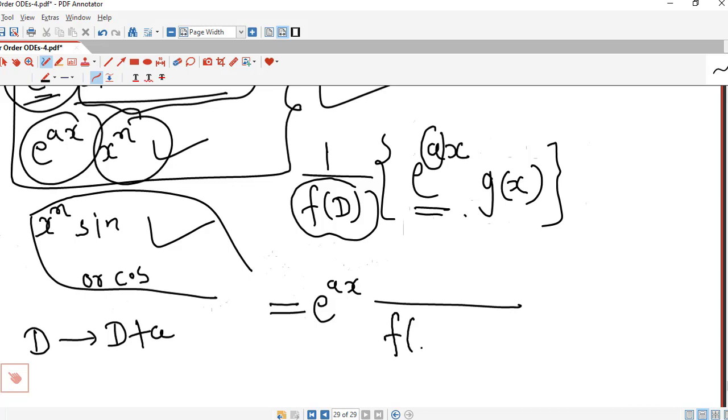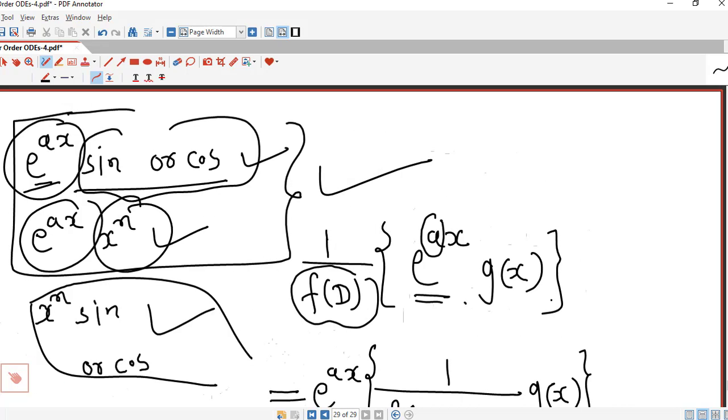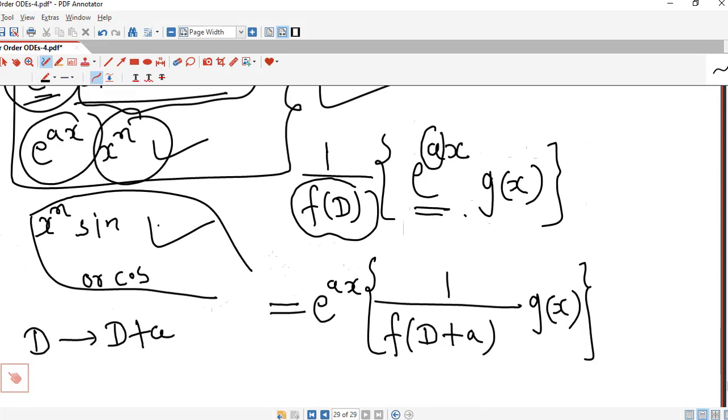So here I write f of D plus a, and this we operate on g of x. So it is like this: e raised to ax times 1 over f of D plus a operated on g of x, where g of x is either sine or cosine function or polynomial function.